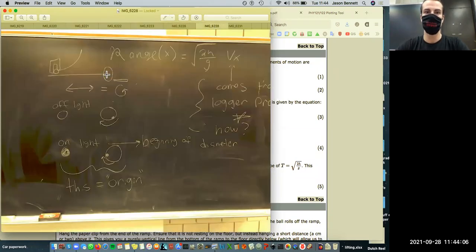If this is the knob and this is your ramp, this perspective is drawn like this because I was sitting over here when I drew the picture. You can either spin it with your finger, or crank it like some kind of drawbridge on a castle. And as you spin that thing, what you'll notice is that the photo gate is moving forward and back.